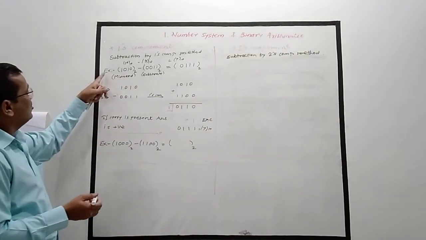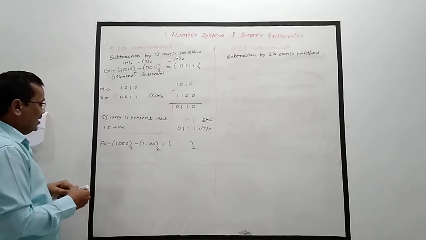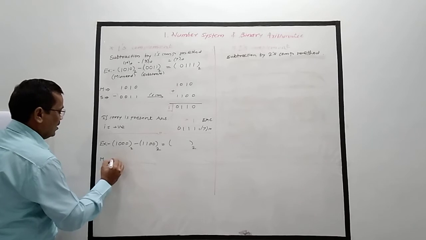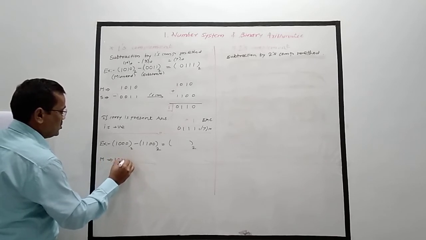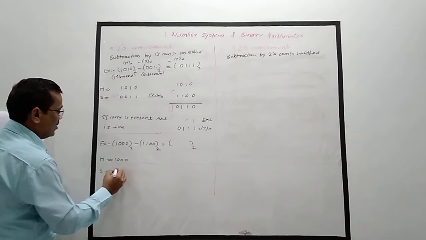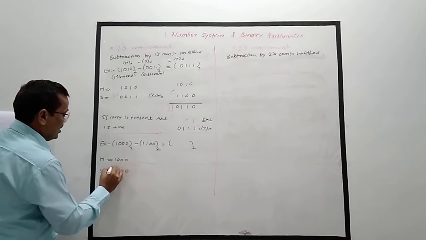Now according to the procedure of ones complement subtraction, write minus 1000, subtract is 1100.